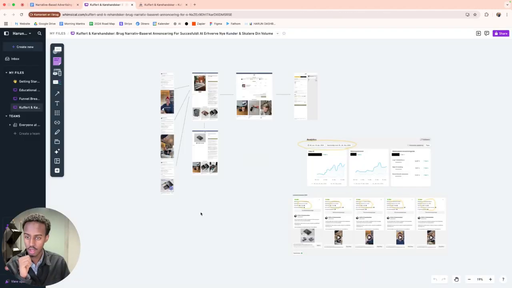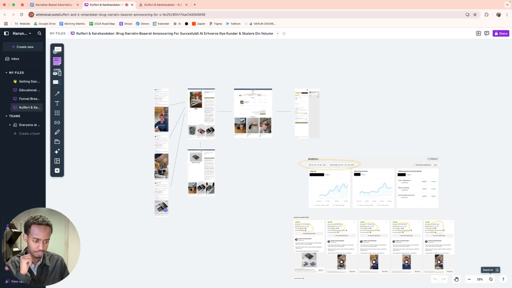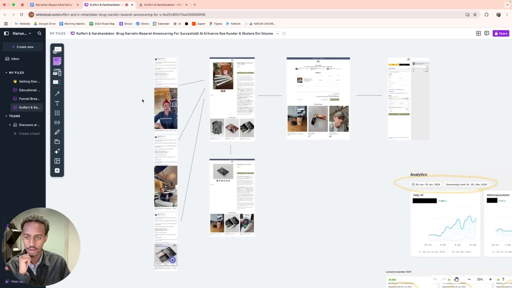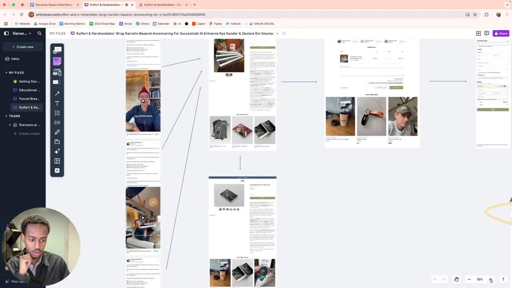Now, let's essentially go into a flowchart to break down the entire funnel so you can see what a narrative-based acquisition funnel looks like. As you can see here, I have essentially illustrated the entire funnel from ad creative to landing page to checkout process and essentially buying the product.